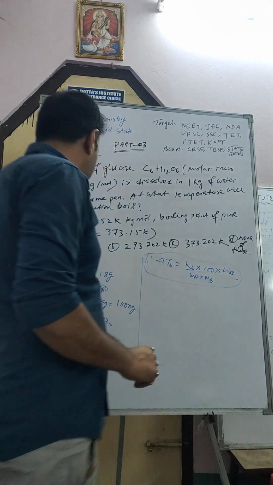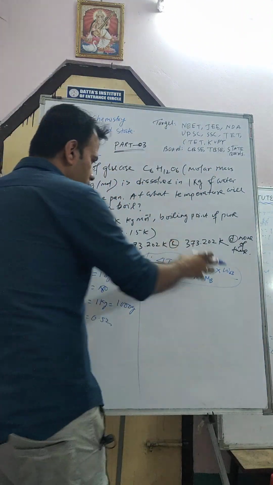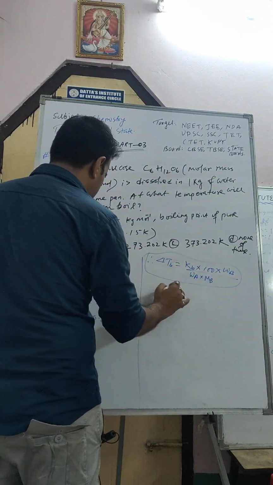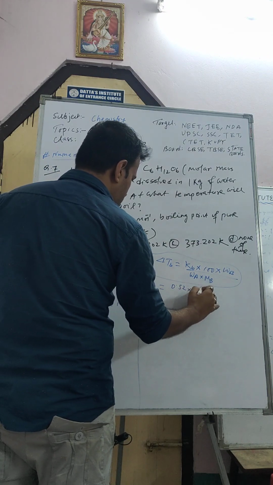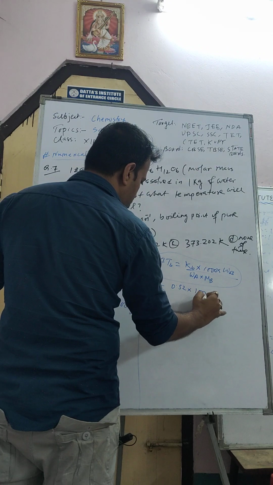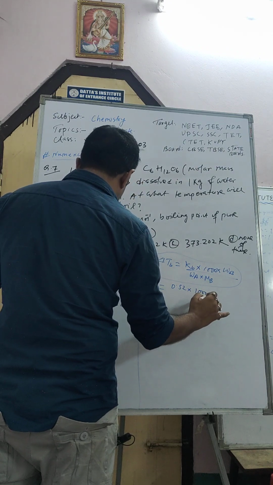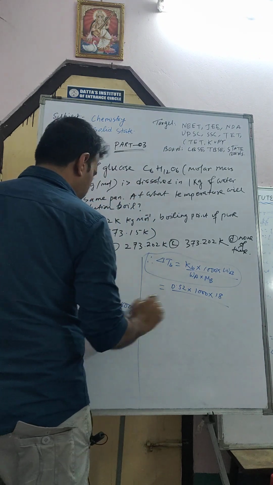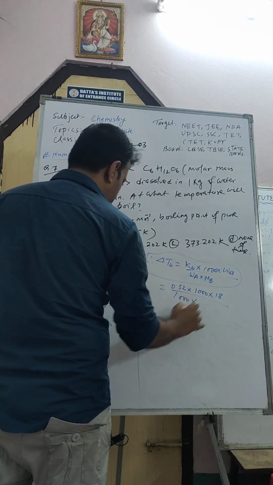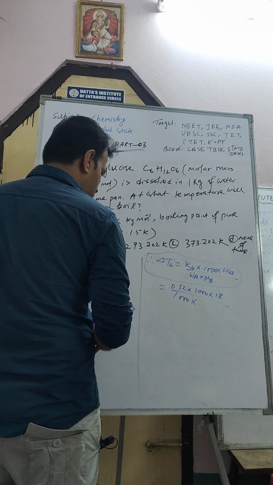We have to just put the values of all these physical quantities. KB is 0.52, this one is 1000, and WB is 18, and here WA is 1000, and MB is 180.